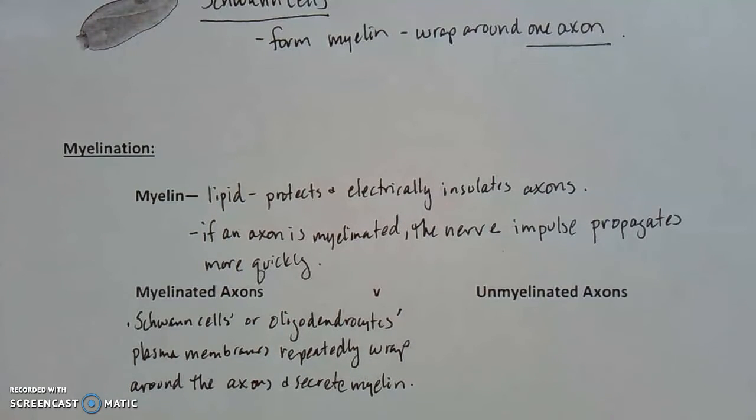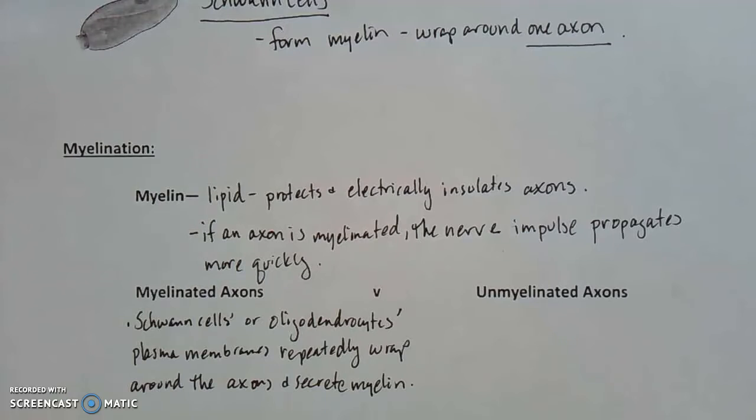So it's almost like if you took a tortilla and you put several different layers of things and then rolled it up into a wrap, where the tortilla would be the Schwann cell or the oligodendrocyte, and the filling inside, like cheese or guacamole, would be the myelin that surrounds a central piece of axon.